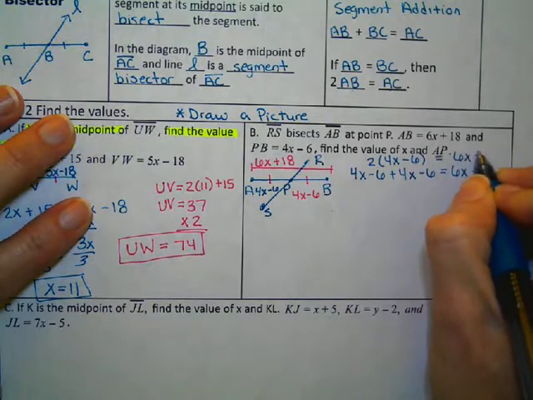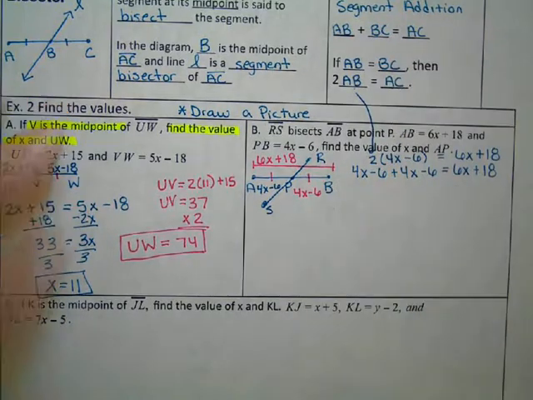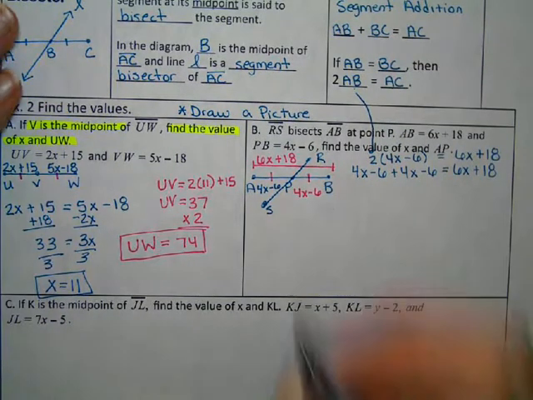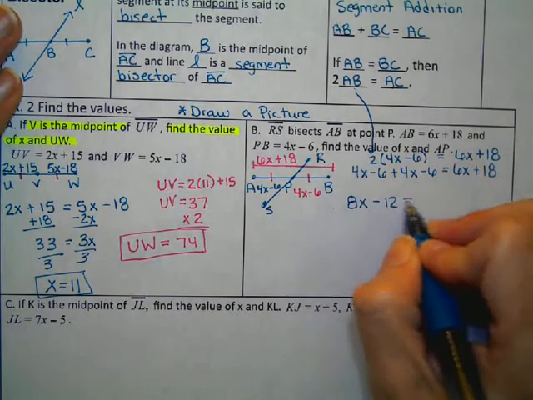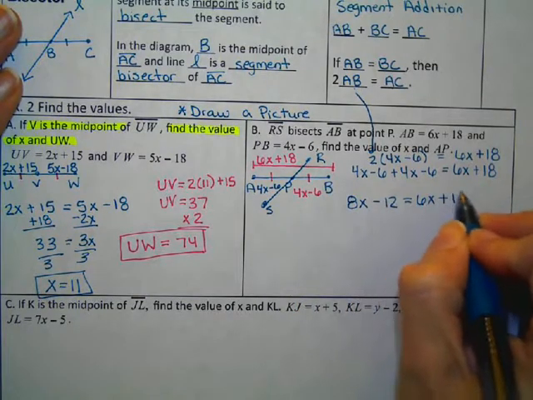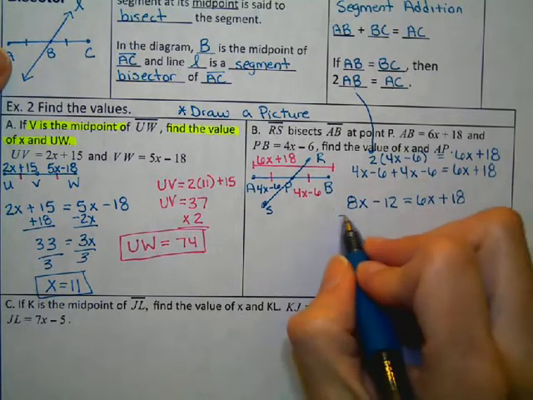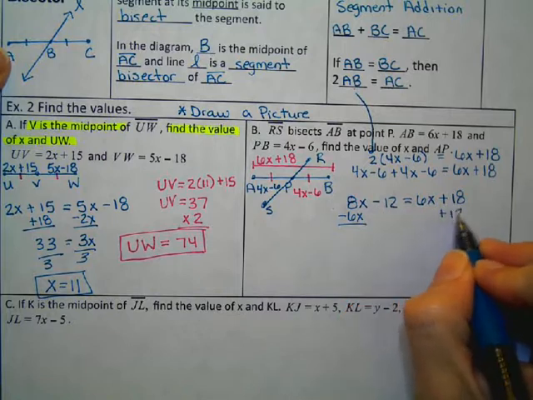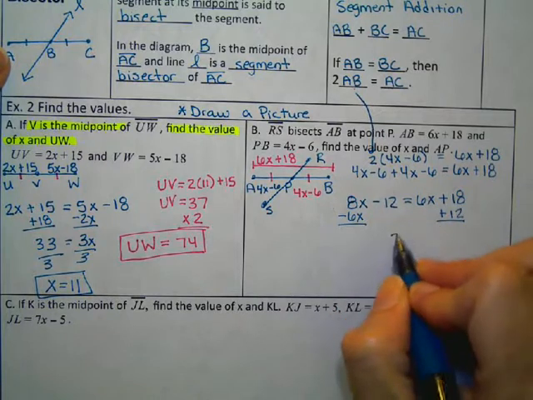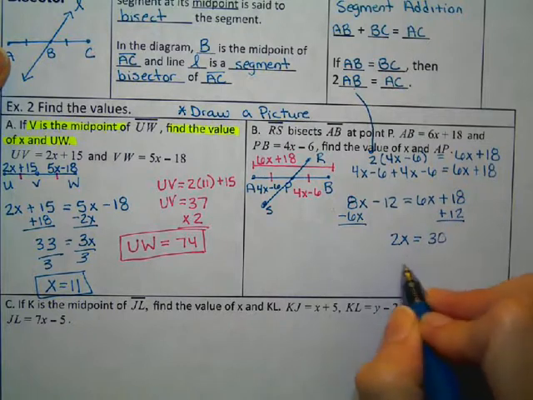Again, just showing you can either do 2 times the short length to equal the whole one, or write them both out. So we would have 8x minus 12. Get your x's on a side by itself, so we'll subtract the x's, whichever direction you want, and then take your numbers the opposite direction. We got x equals 15.